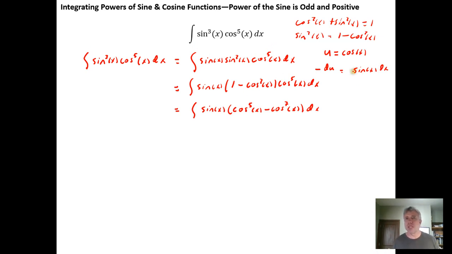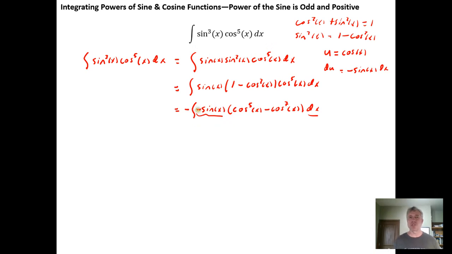We could even leave the negative on the other side if we wanted to, and say du is minus sine x dx, and all we would need to do is put a minus here and a minus here. We get negative times negative is positive, and then we get a direct u substitution. Minus sine x dx can be replaced with the du, and then we'd have u to the 5th and u to the 7th. So we could do a u substitution.